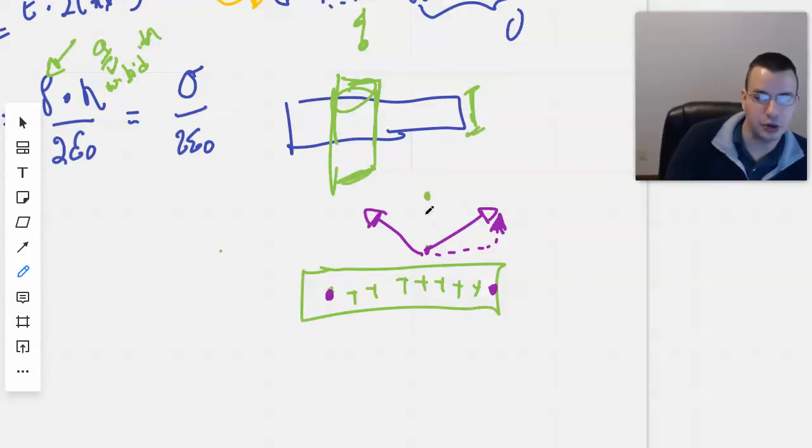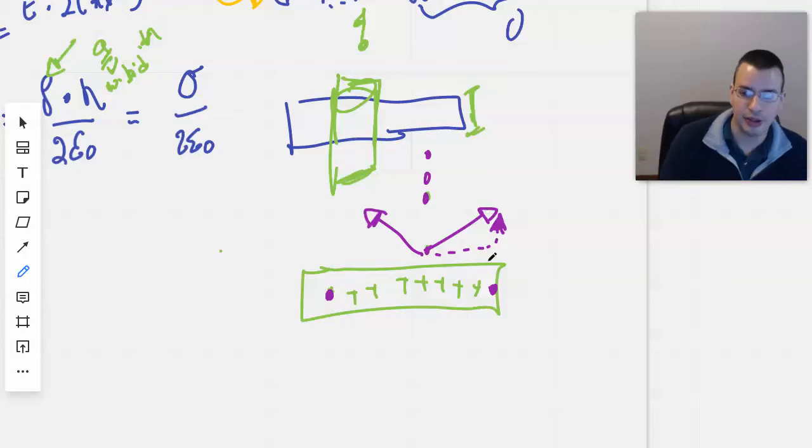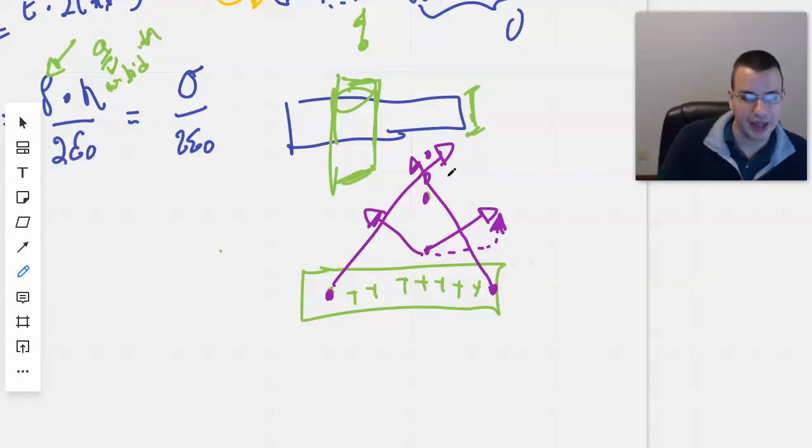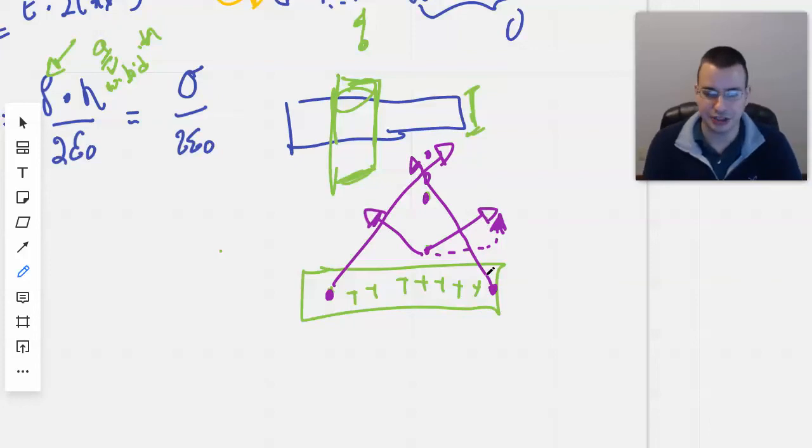And so as you choose points further and further up, the vertical component from each of these individual discrete points will provide a bigger and bigger contribution. And that bigger contribution cancels out the fact that they are farther away and therefore are going to contribute less.